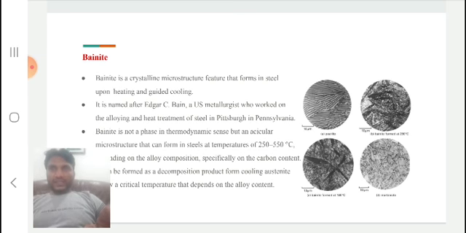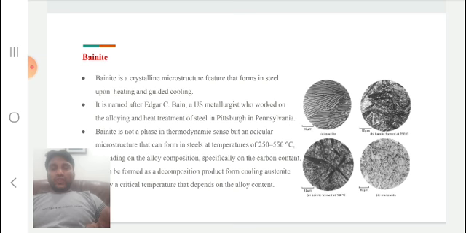So before I discuss bainite, let me recap the previous video sessions, previous topics. During heat treatment, we are discussing this bainite under the topic of heat treatment.